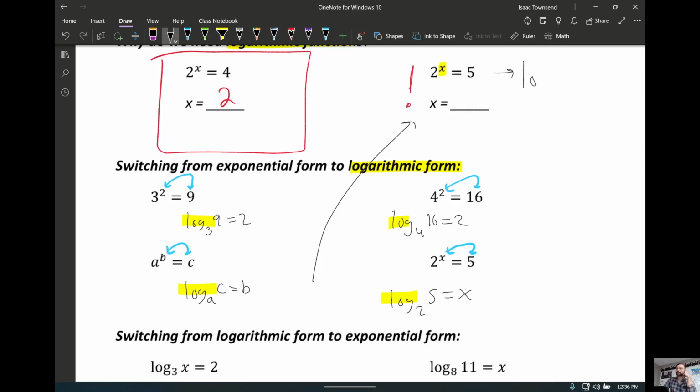And notice if I switch it to logarithmic form, put log out front, switch the x and the 5, there's your answer. That's what x equals. The exact answer is log base 2 of 5.